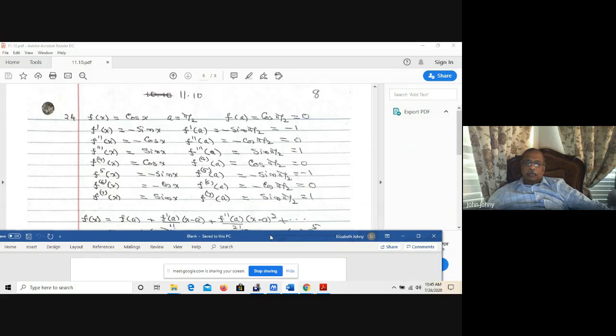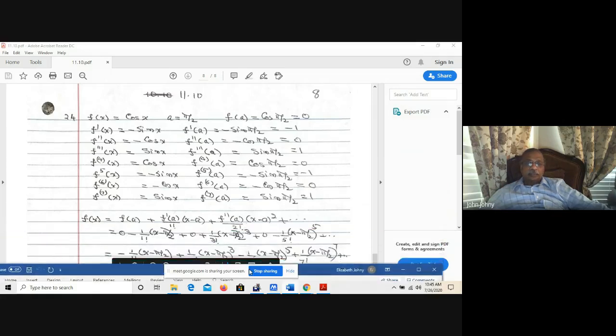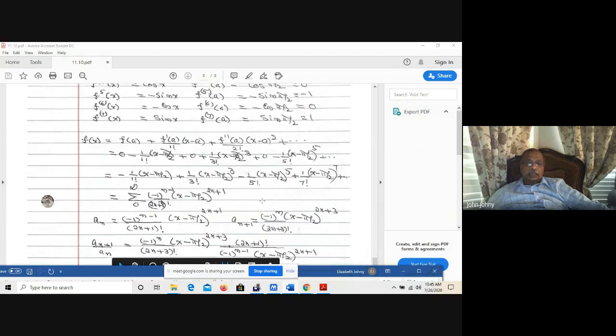So Taylor series, f(x) is equal to f(a) plus f prime a over 1 factorial times (x minus a) plus f double prime a over 2 factorial times (x minus a) the whole squared plus etc. And every other term, starting with the first one, is zero.